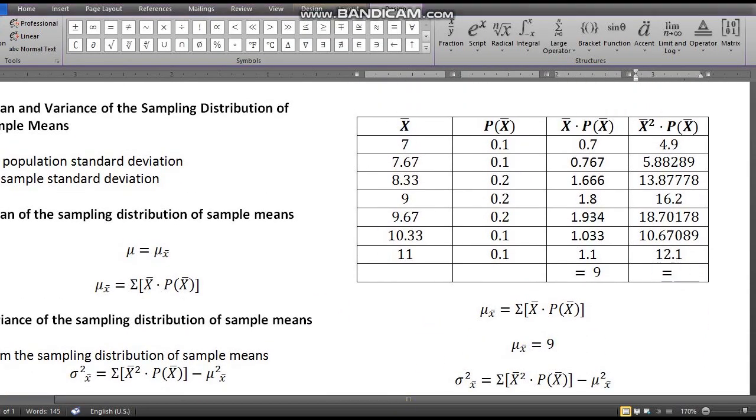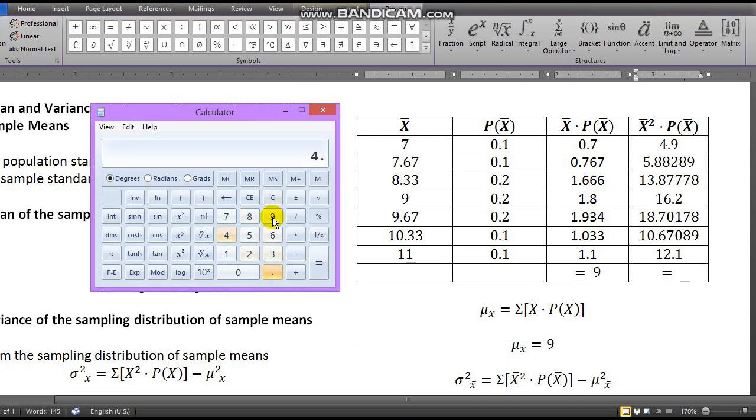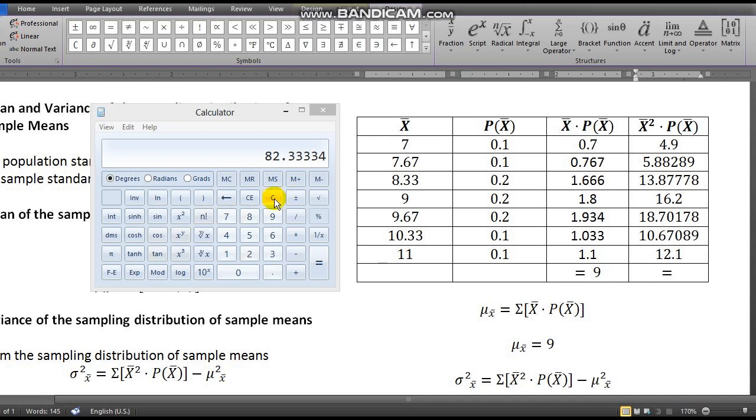So their sum would be 4.9 plus 5.88289 plus 13.87778 plus 16.2 plus 18.70178 plus 10.67089 plus 12.1 is equal to 82.33334. Is that right? Let's recheck.